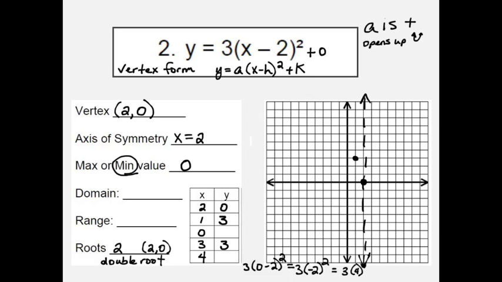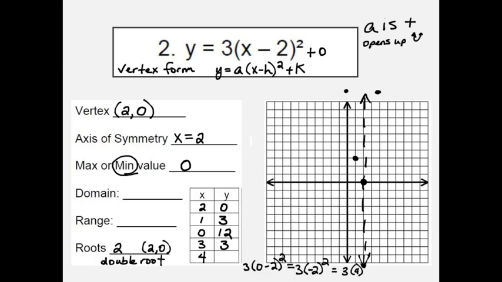Negative 2 times negative 2 is positive 4. So the y value at 0 will be 12. And so when I go up here, I'm going to have to go above because this only goes to 10. 4, 5, 6, 7, 8, 9, 10. So we're going to go up here to 12 or get close. Okay. And then we're going to have a mirror image point at 4.